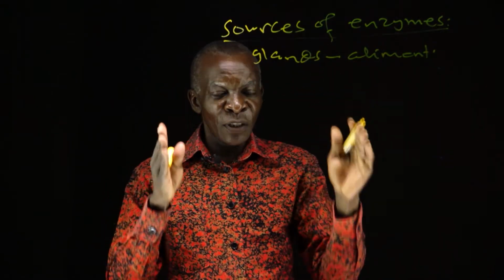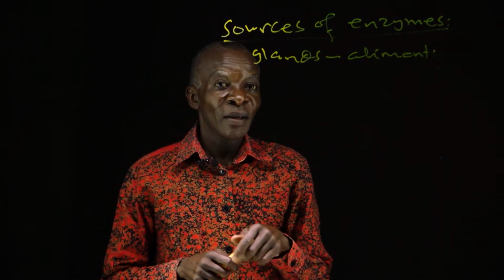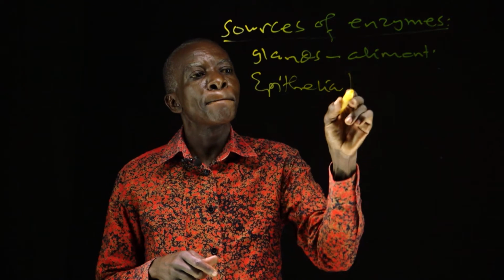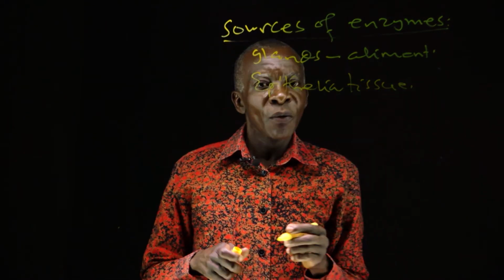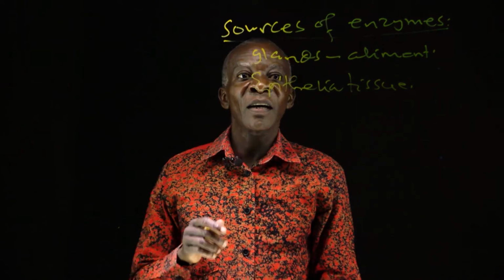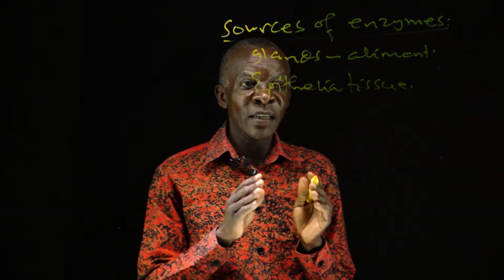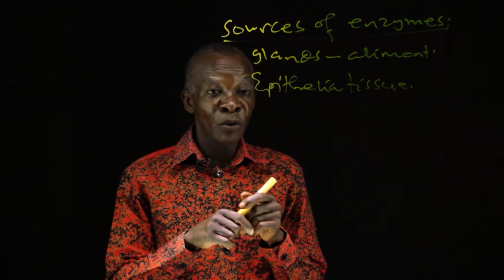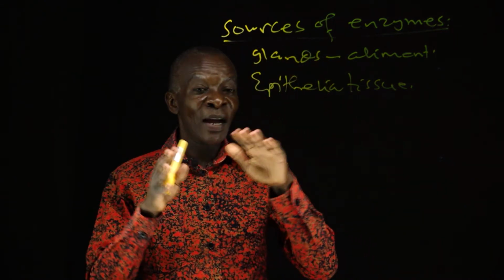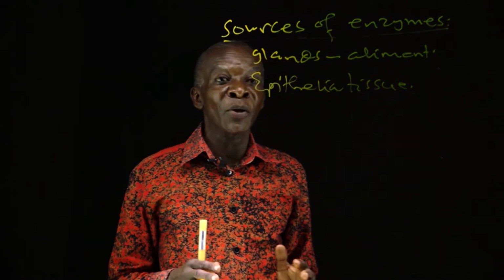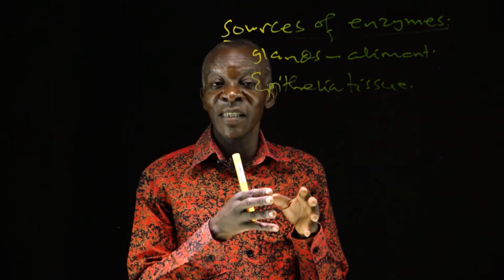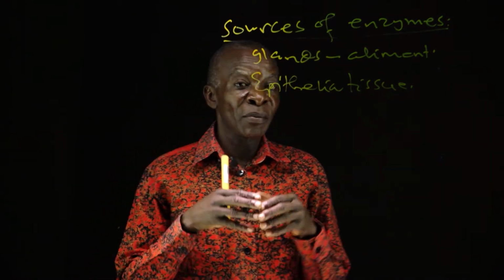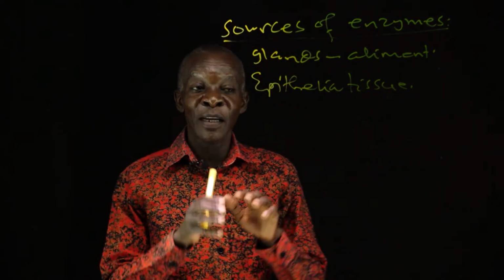And along the alimentary canal, there is an epithelial tissue which contains these glands that secrete digestive enzymes. This epithelial tissue is a group of cells that lines either the external parts of the body or the inside of body structures, for example, the inside of the blood vessels, the alimentary canal, the walls of the heart, and what have you.